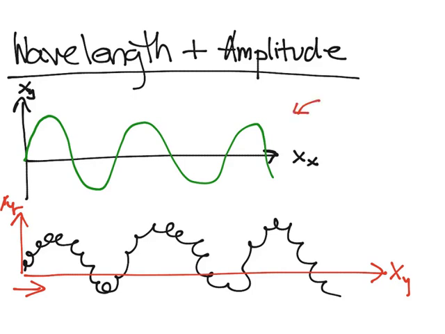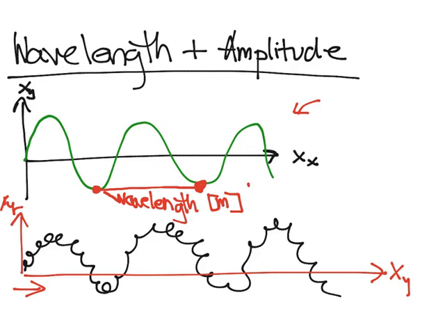Now, the wavelength is the distance between two repetitions of a wave. So this is our wavelength, and we'll measure that in meters.